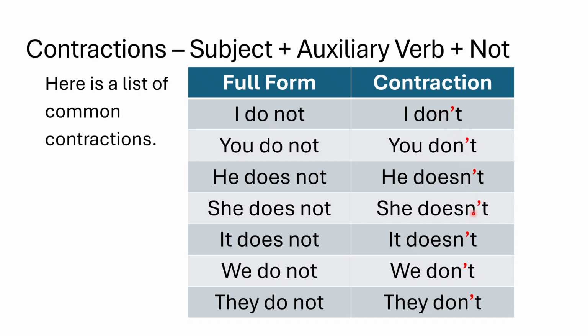Notice how the apostrophe replaces the missing letter O. This is the full list. Remember, when the two words are separate, they are referred to as being in their full form. I will read the words. I will pause. When I pause, you say the words.